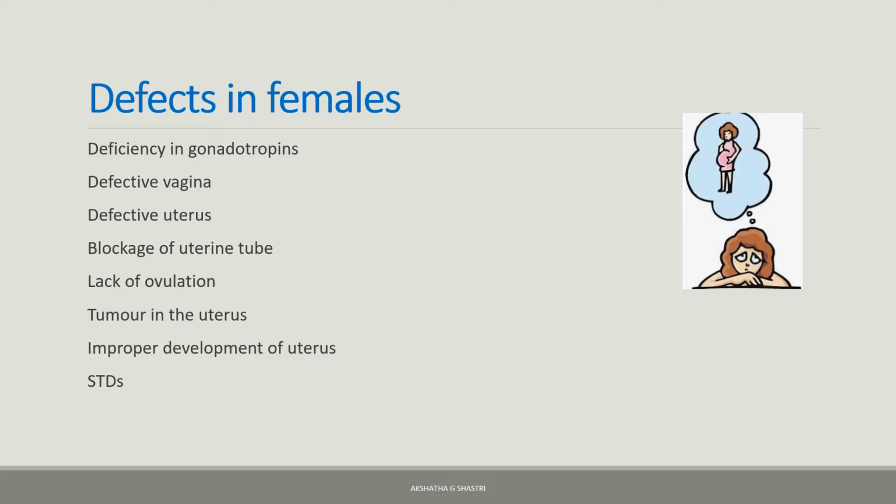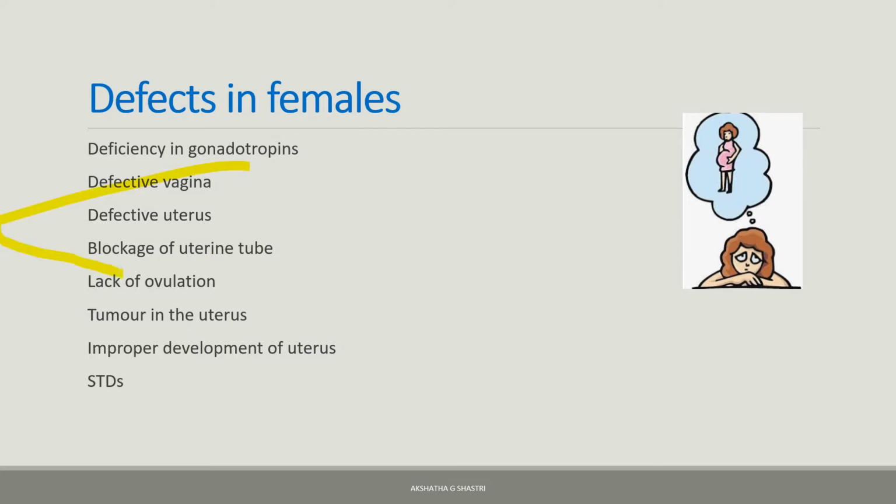Next is the blockage of the uterine tube and lack of ovulation. If ovulation doesn't occur properly, and a good quality ovum is not produced, the ovum cannot come in contact with the sperm and cannot get fertilized.